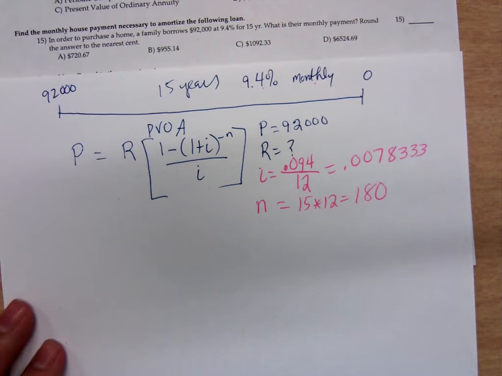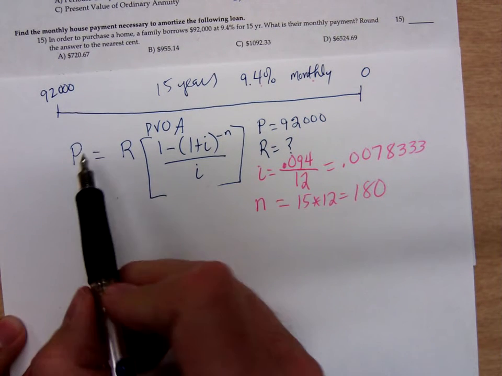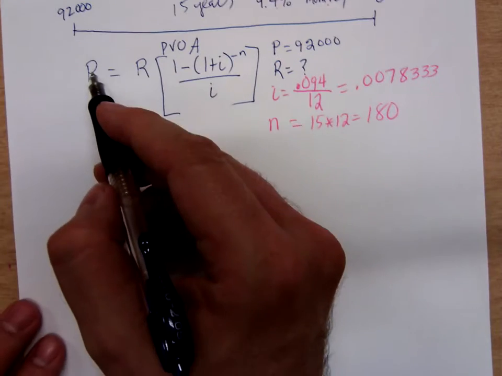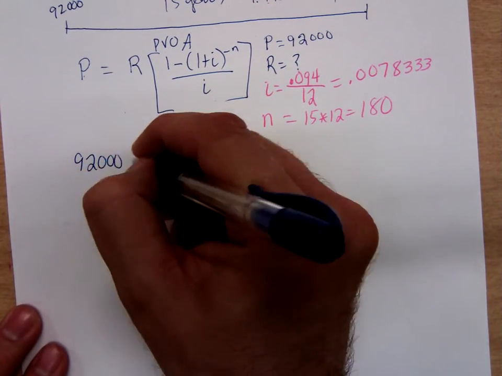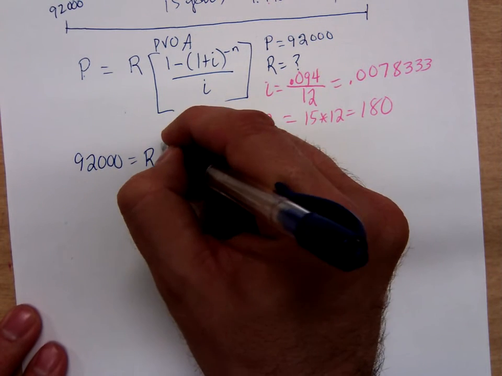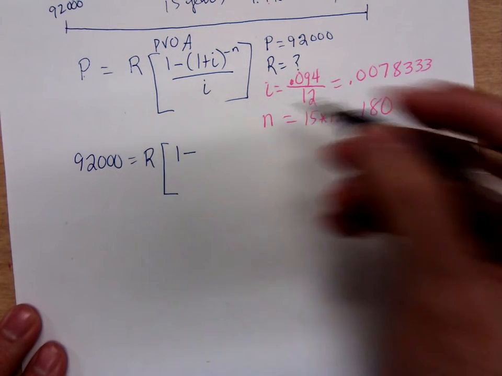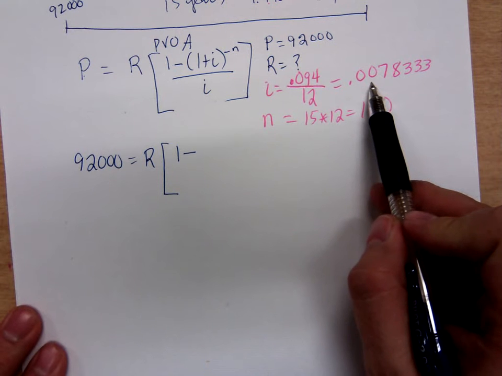So I'm plugging in 92,000 for the P. The R I don't know. 1 minus 1 plus I. Remember, I normally just do that in my head.